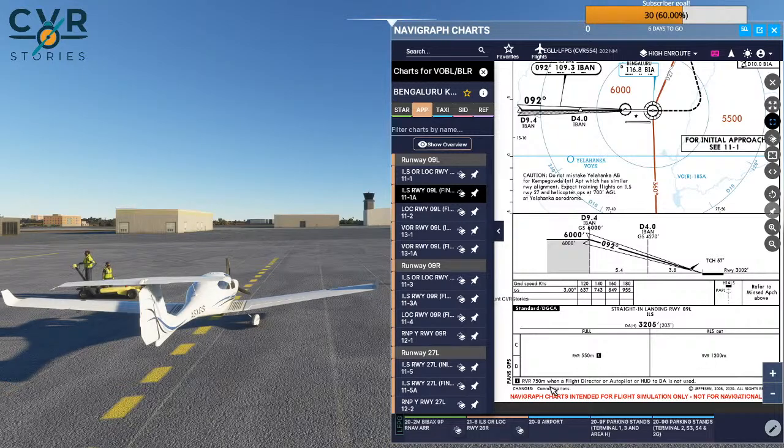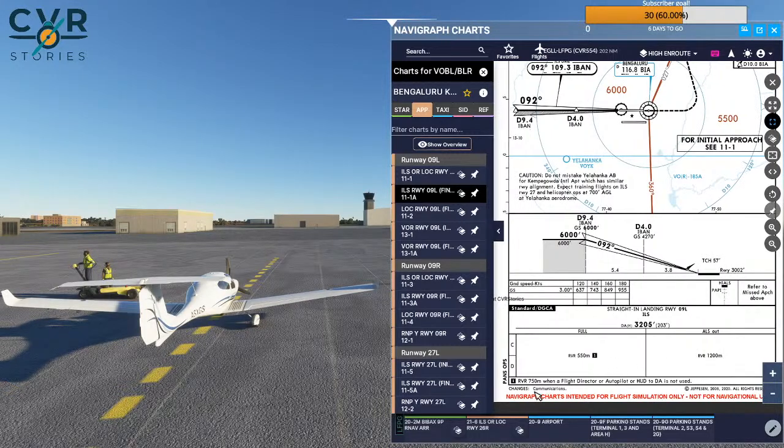visibility requirements. Another thing that is written over here is RVR 750. You see there's a 1 mark. So we'll come down here. When RVR 750 meters, when a flight director or autopilot or HUD to DA is not used. So if you're flying completely, say flight directors are not working, your autopilot is not functional, you're flying completely raw data, right?